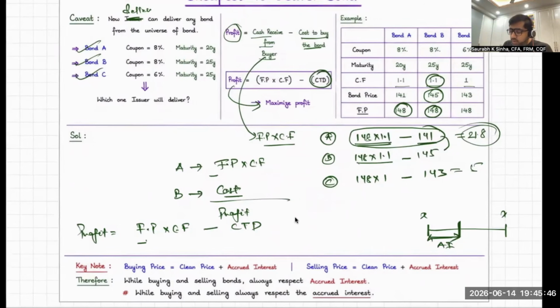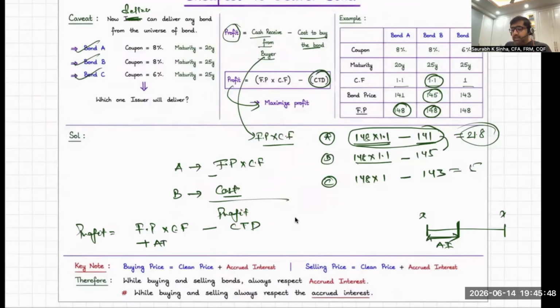And if you calculate the accrued interest, then the future contract buyer has to pay accrued interest. And even the person who is buying from the market has to pay accrued interest to the bond seller. At the end, this accrued interest will cancel out, but still, the complete formula to calculate the profit is future price into conversion factor plus accrued interest minus cheapest to deliver plus accrued interest.